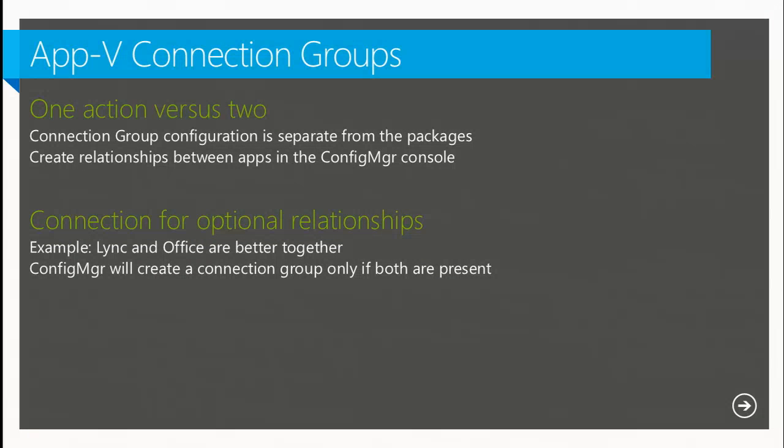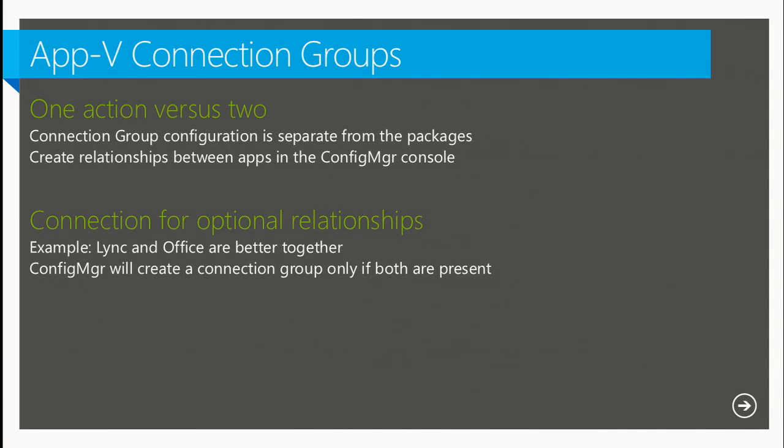One of the big changes in terms of the App-V integration is connection groups. If you are familiar with Dynamic Suite Composition, this is the new generation of that. And the scenario is basically two applications, two App-V packages that need to talk to one another. So think Visual Studio and an add-on on top of Visual Studio. By default, App-V packages run in isolation. They each run in their own bubble.